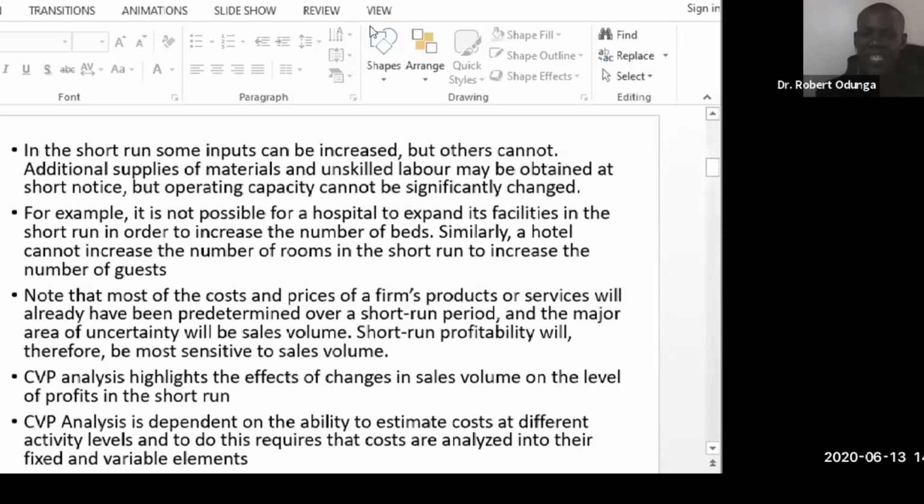It may not be within your reach, but you have to do something extra to sell more than what you were supposed to sell. If you have to sell more, then there is a cost. There are costs that go with that, and these costs are what you are analyzing as part of the CVP analysis.